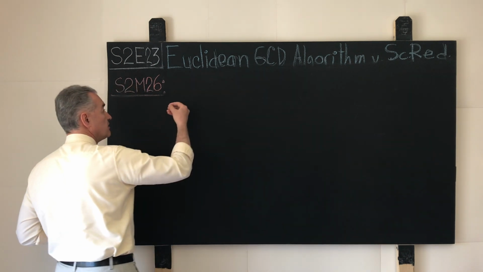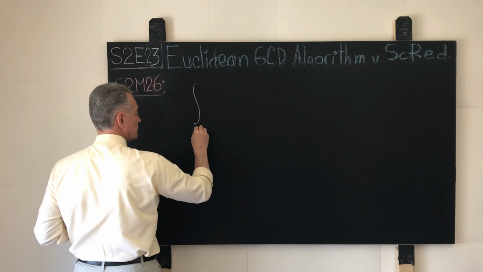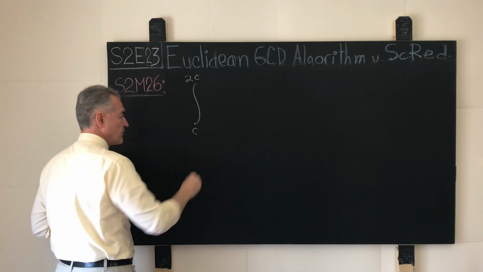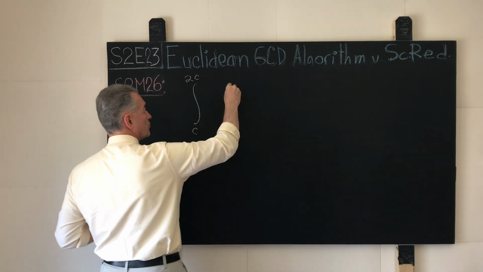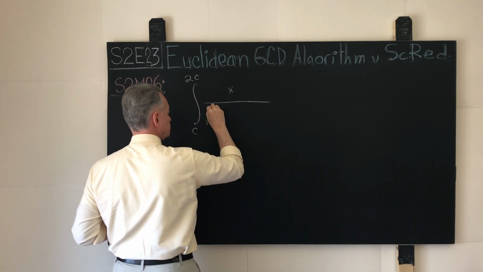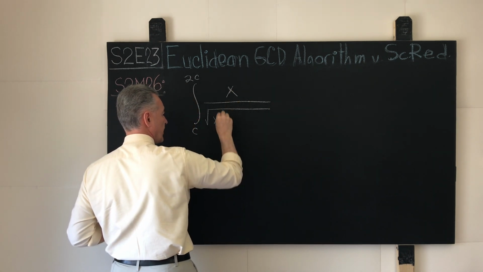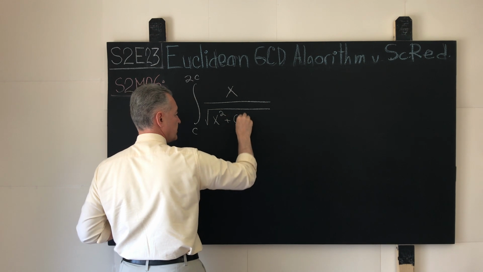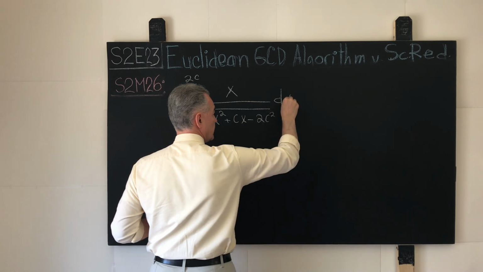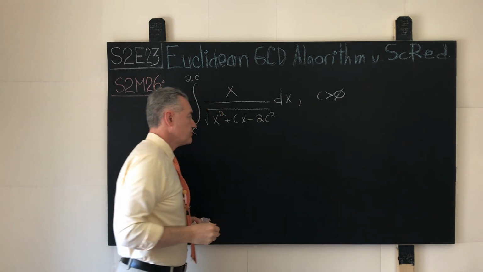You are invited to evaluate the following Riemann integral, the integral that runs from c to, let's say, 2c. That was the question that was given on Q1 of these fine days, and the integrand looks as follows: x over the square root of x squared plus cx minus 2c squared, dx, where c is, let's say, greater than 0.